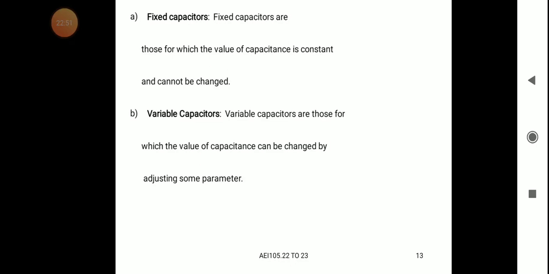Next is changing the dielectric material; the value changes. The third is the distance between the plates; if you change it, the value of the capacitance also changes. Depending on that, variable capacitors are designed. This is another classification: fixed capacitors and variable capacitors.